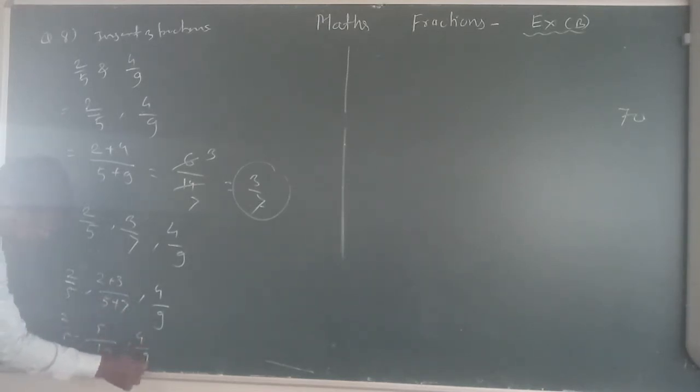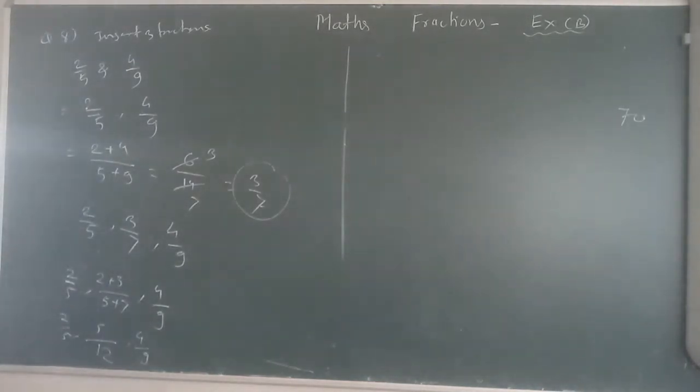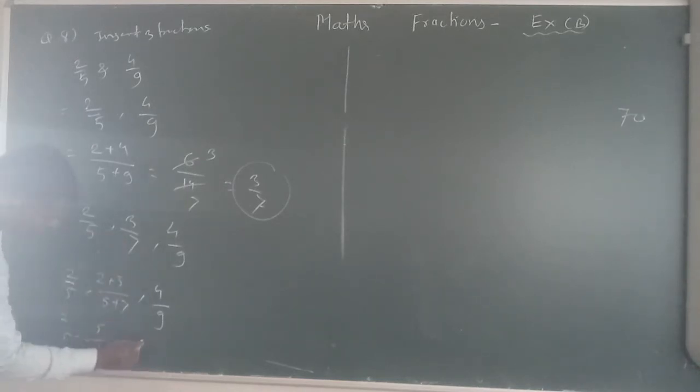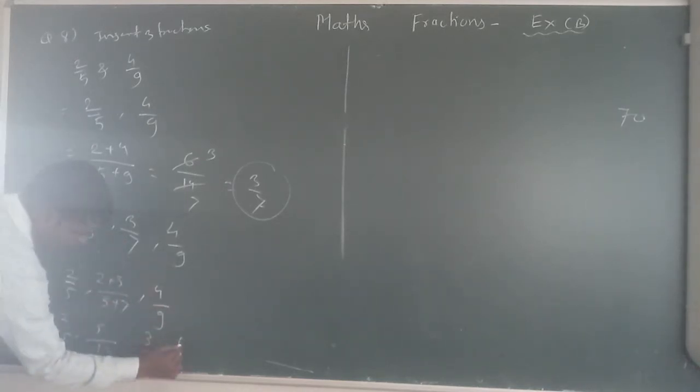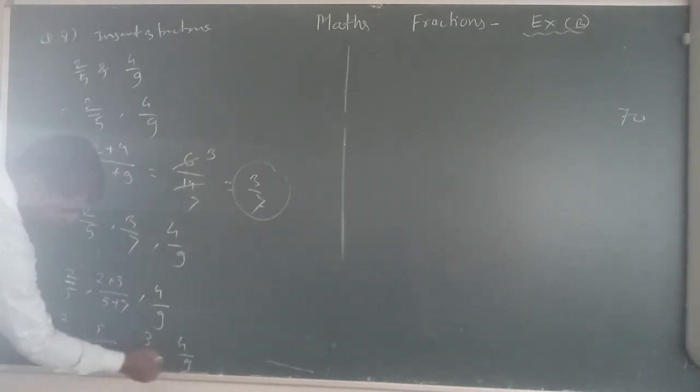And here 4 upon 9, and the last one. एक इंसर्ट हो गया, ये हो गया 2 upon 5, इसको ऐड कर दिया 5 upon 12, इसके बाद कौन सा आएगा 3 upon 7 and last one 4 upon 9. मतलब अभी यहाँ पे ये वाला एक इंसर्ट हो गया 5 upon 12. अभी इन दोनों को लेते हैं, लास्ट इन दोनों को लेते हैं, इनका एडिशन कर देंगे.